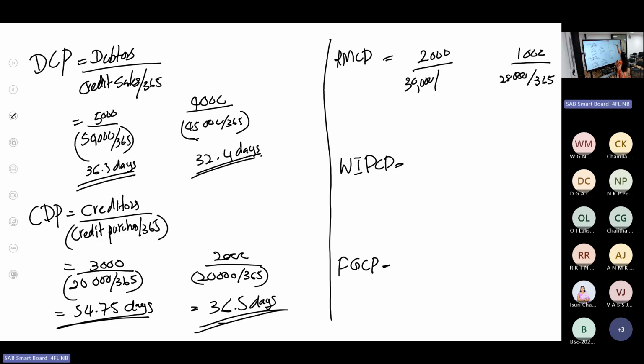Dividing by 365, that is 24.3 days. This is 13.03 days.